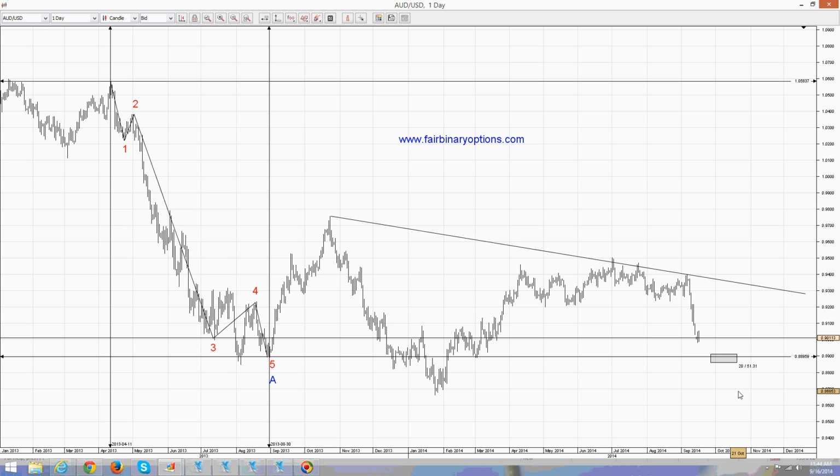And then we'll look for an E wave, and then that's it. We're applying the time element from wave A on the right side, and we will have the time element for the next C wave to the downside.